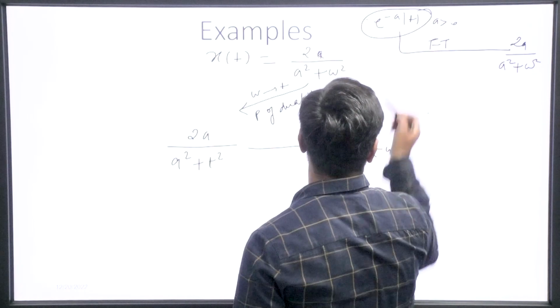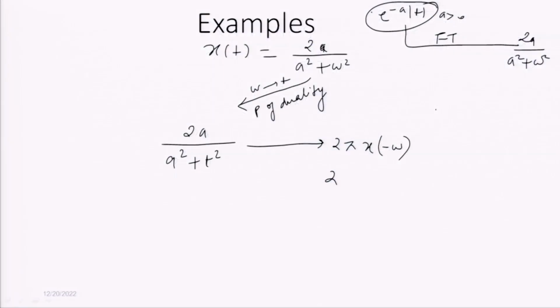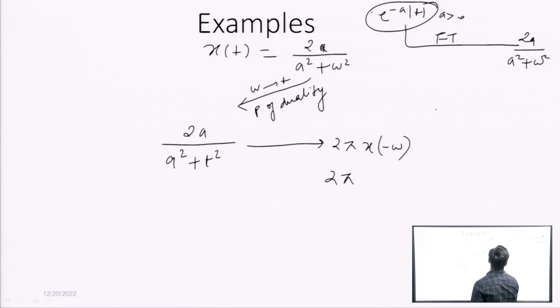We have to replace t by minus omega. So, here we will write 2 pi e to power minus a mod omega.